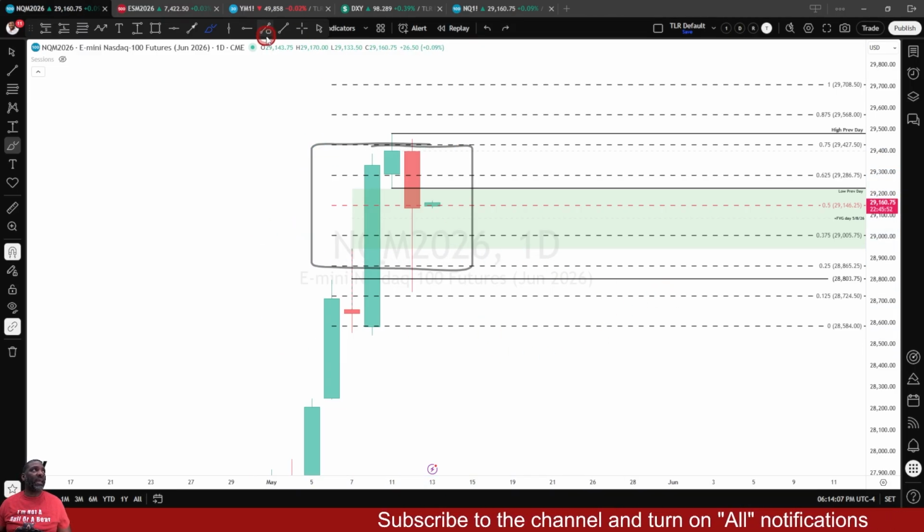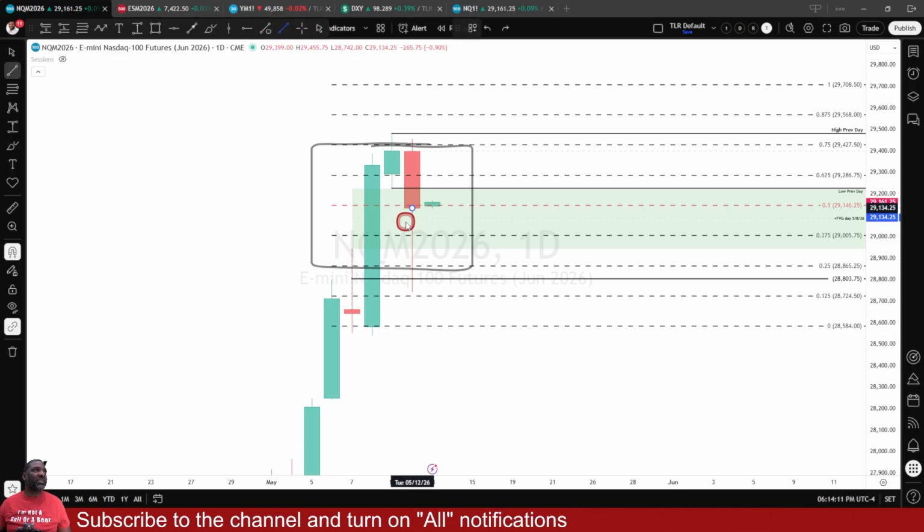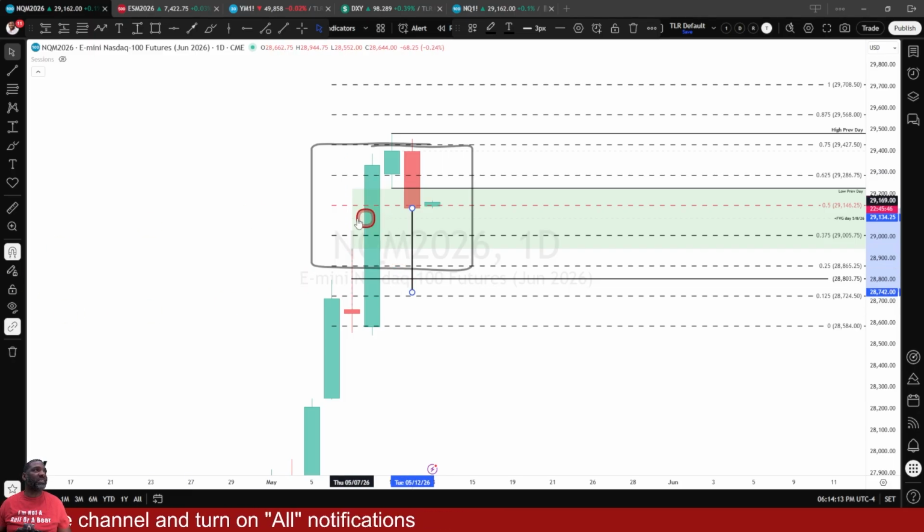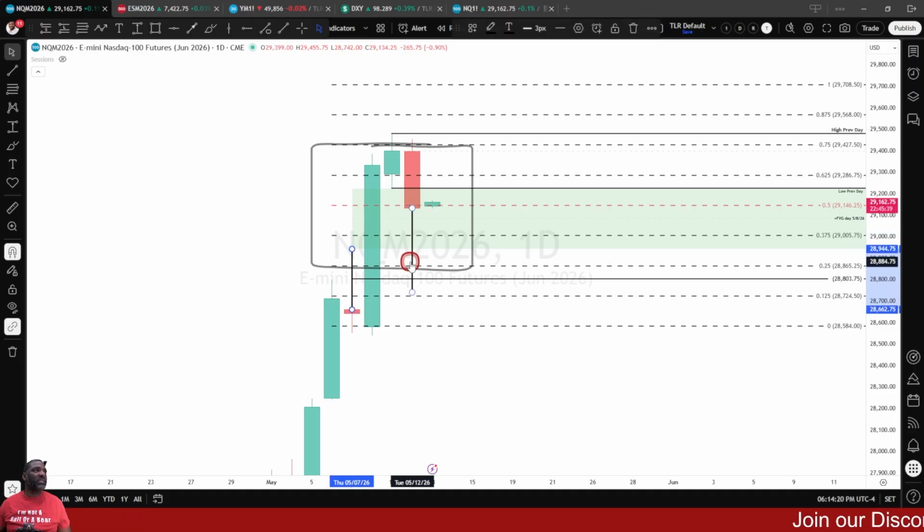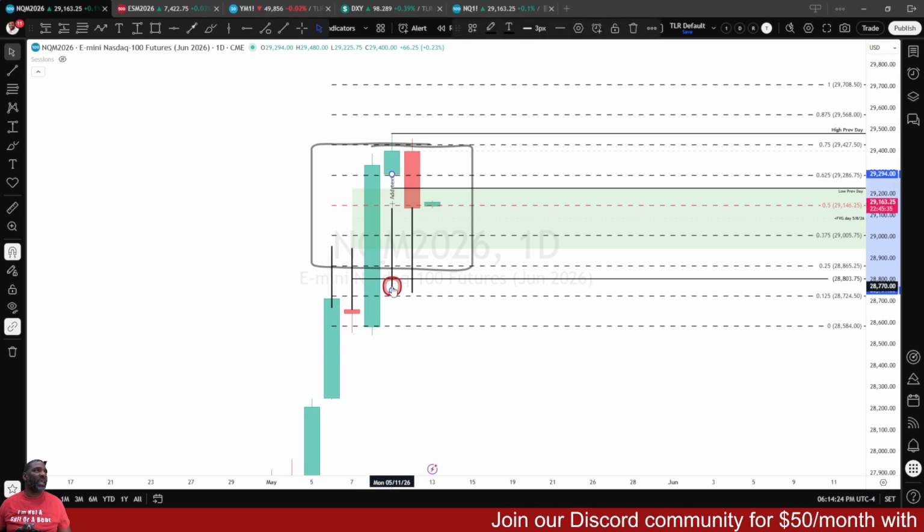And y'all can't see that wick, so let me go ahead and place the wicks on there so y'all can see the wicks. We want you to be able to see the wicks.